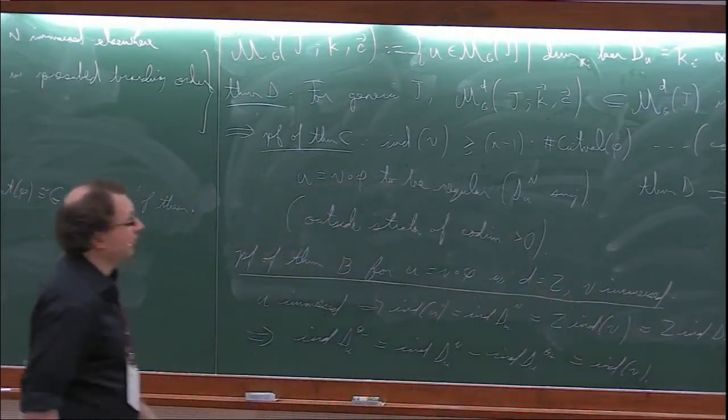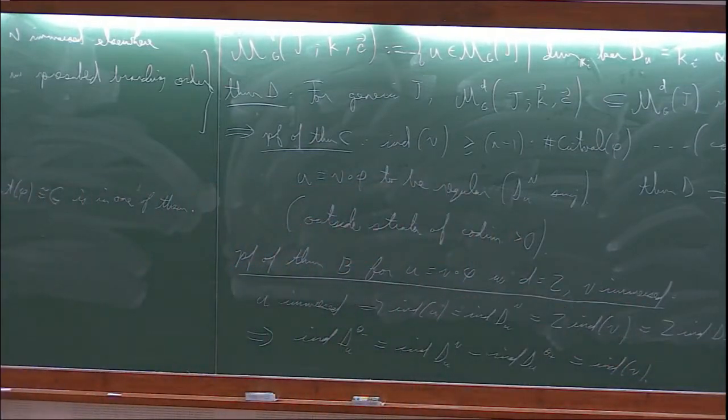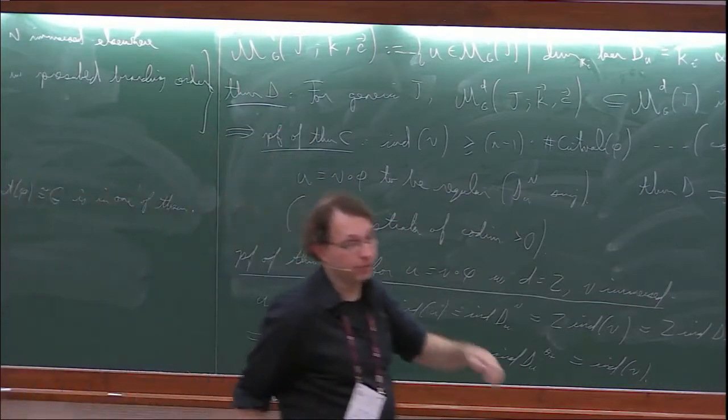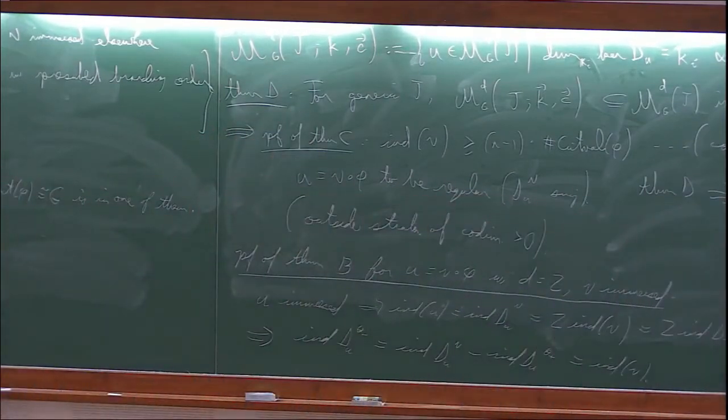All right, so that's the basic information that I need to know in order to plug it into that codimension formula up there. The other thing, of course, that I already observed is that for generic J, D_u theta plus is already surjective because it's equivalent to the normal operator of the simple curve.